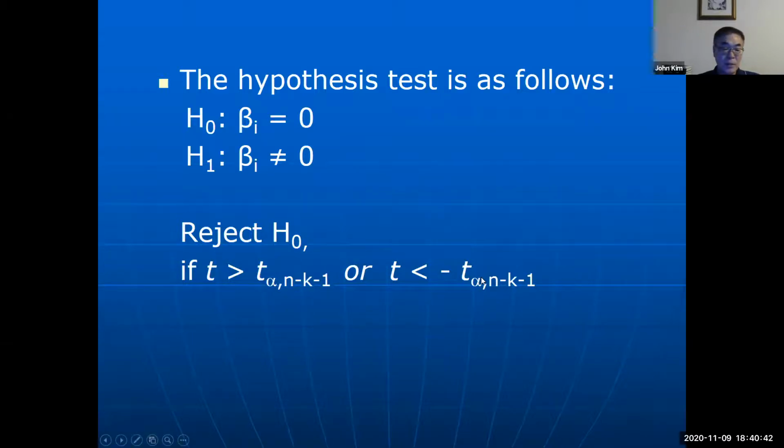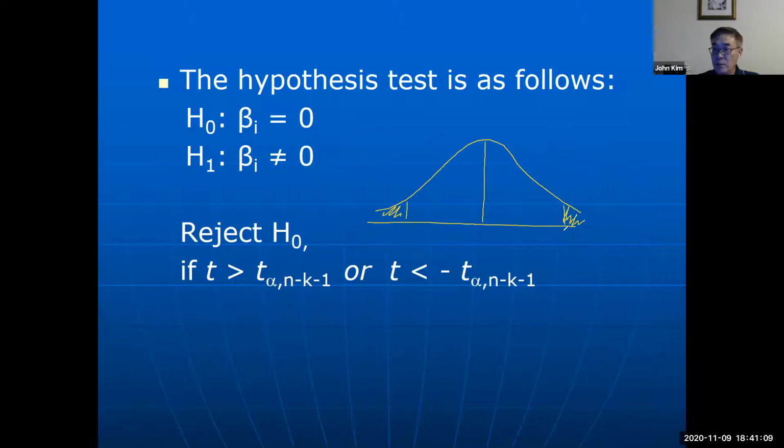So the T distribution looks like a normal distribution. In a two-tail test, there are two rejection areas.